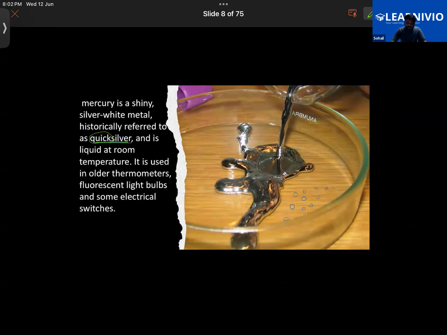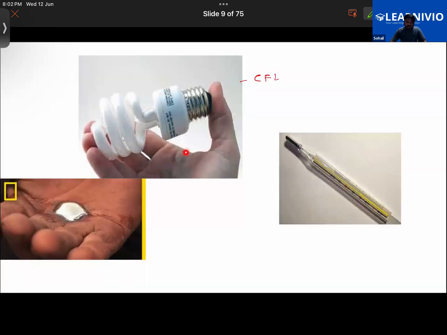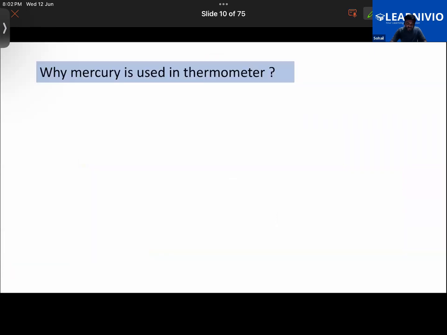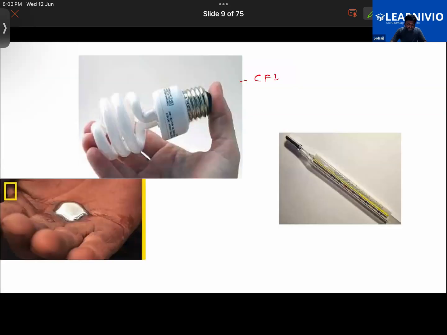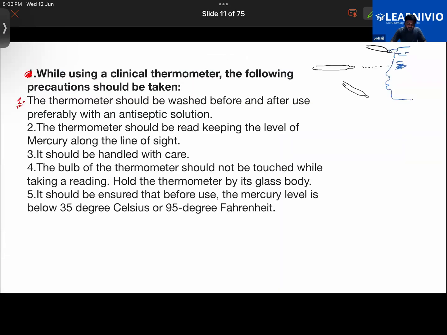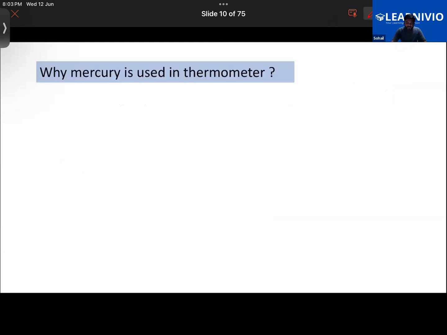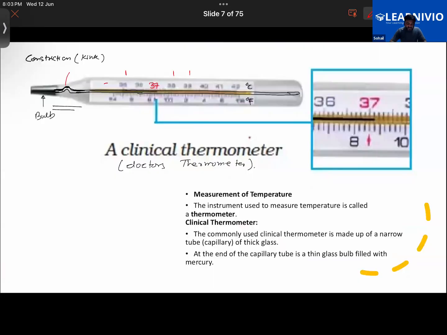Apart from clinical thermometers, mercury is also used in compact fluorescent lamps, although those are not manufactured nowadays. There are some precautions to take while reading a clinical thermometer. First, make sure the reading is at 35 or below 35.